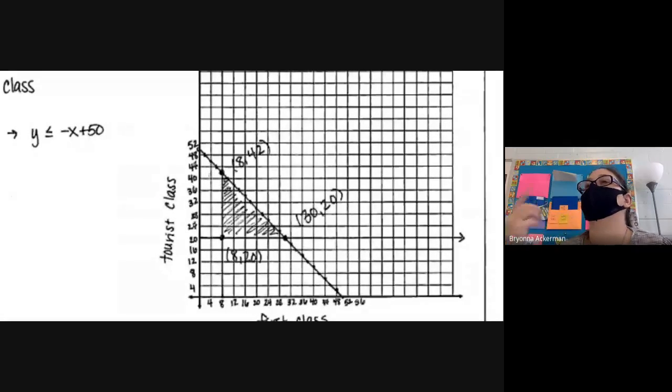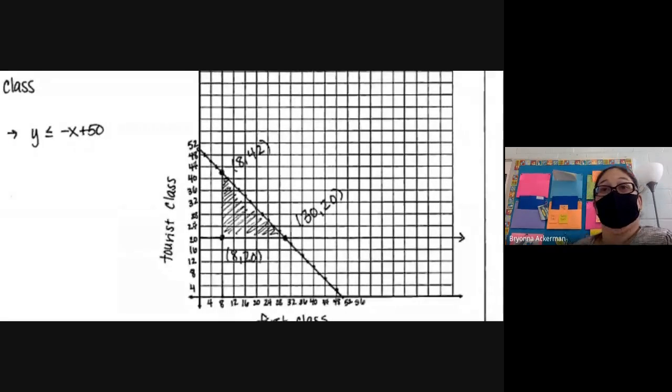Logically, you were able to tell me that 42 tourists and 8 was 50, right? So if 8 is the minimum of the first class, 42 would have been the maximum.